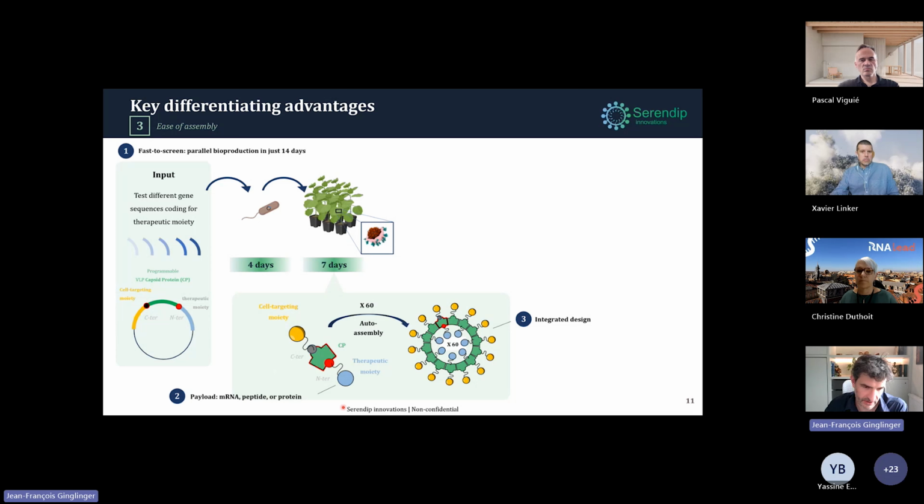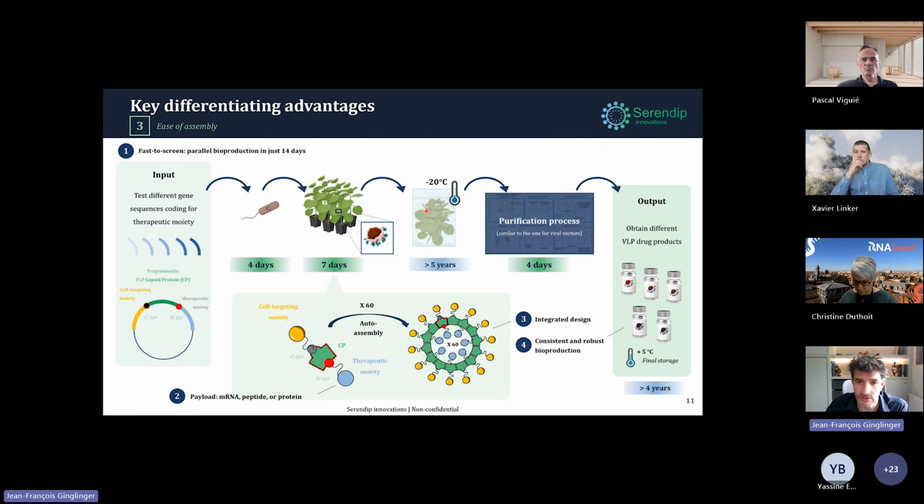The capsid monomer, the therapeutic moiety in the form of an mRNA, peptide, or protein, and a cell targeting moiety on the outer surface are all expressed in a single step in planta. And then there is an auto-assembly of 60 nanometers also in planta, and it's an integrated design, and you obtain this in just a single step.